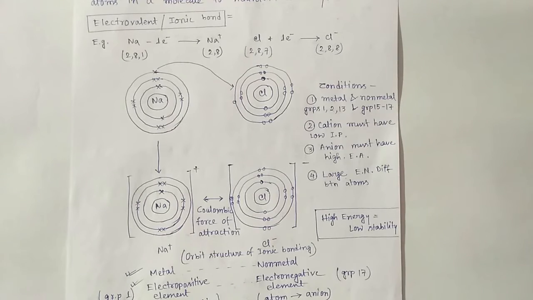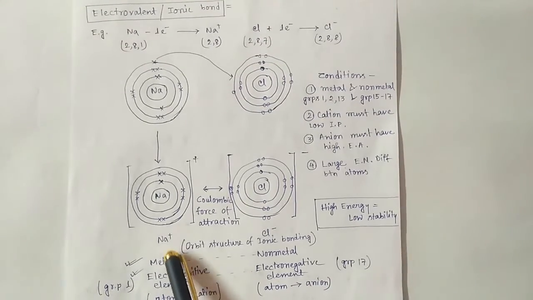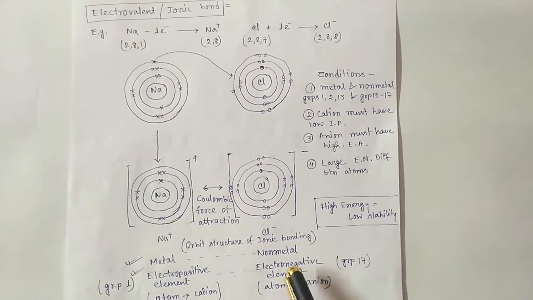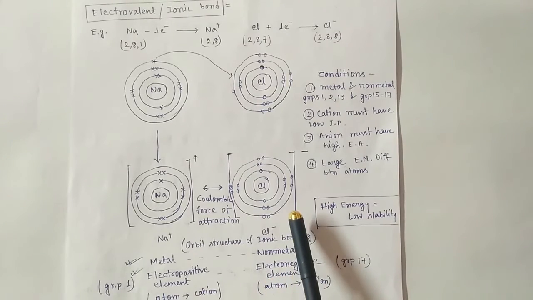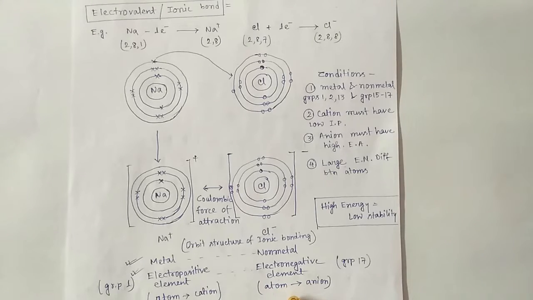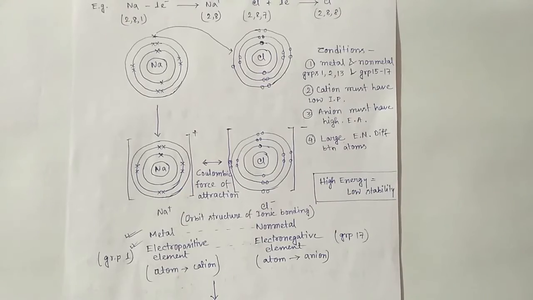They are mostly electropositive elements because they want to lose one electron from the outermost shell and become a positively charged cation, while the right side elements of the periodic table want to gain one electron in the outermost shell and become electronegative elements. Now the question is, what is electrovalency? Electrovalency is the number of electrons that an element loses or gains to form an electrovalent bond. So here the electrovalency of sodium chloride is 1.